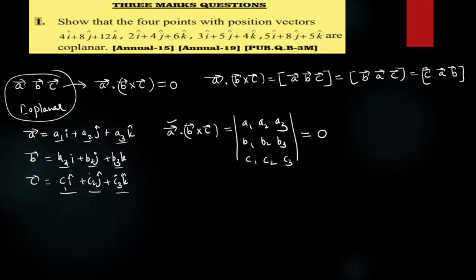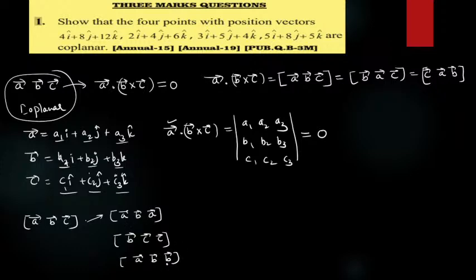So remember this point. And one more property I could say: a, b, c. In a row, if any vector is repeated, like a vector, b vector, again a vector is repeated, or you can write b vector, c vector, again c is repeated, or a vector, b vector, b is repeated.